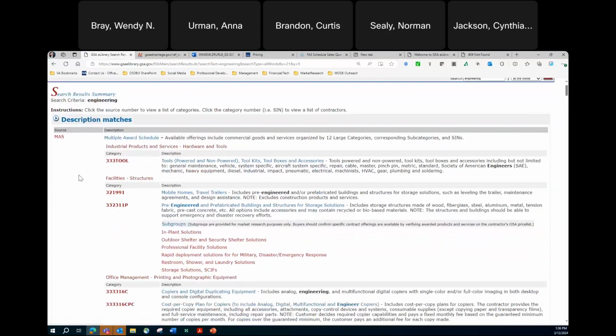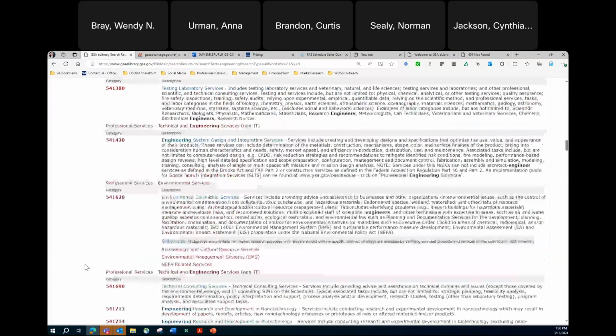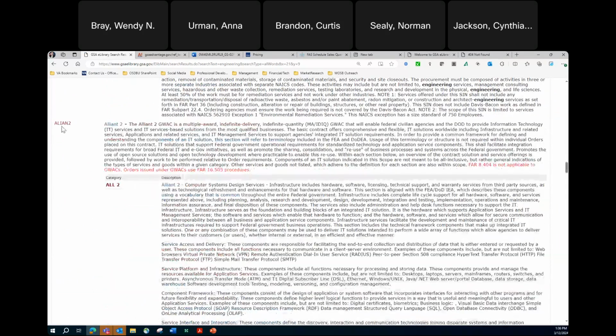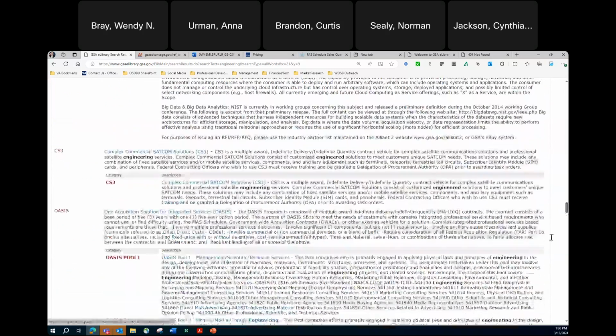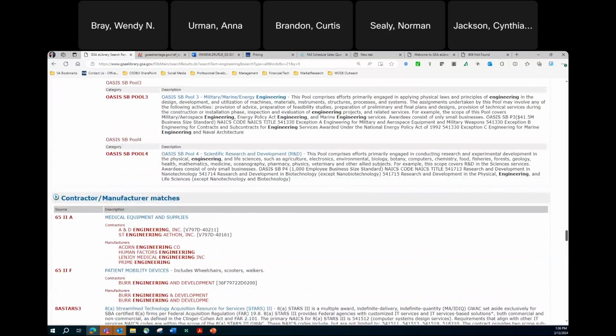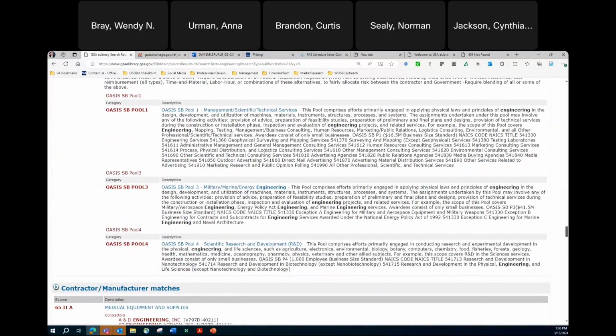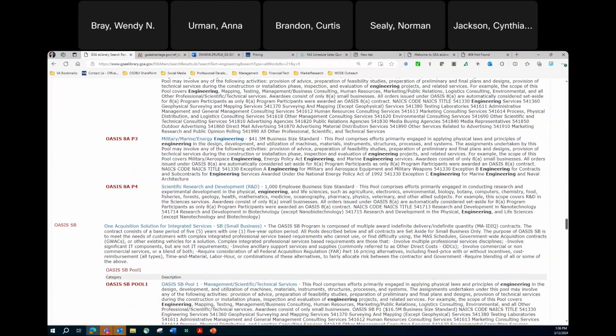This is the multiple award schedule. It'll also tell me if there's any other contracts. I'm scrolling down. So Alliant, Oasis, CS3. So all of the major GSA contracts that match engineering. And within those contracts, I'm scrolling through so you could get a full sense of it.